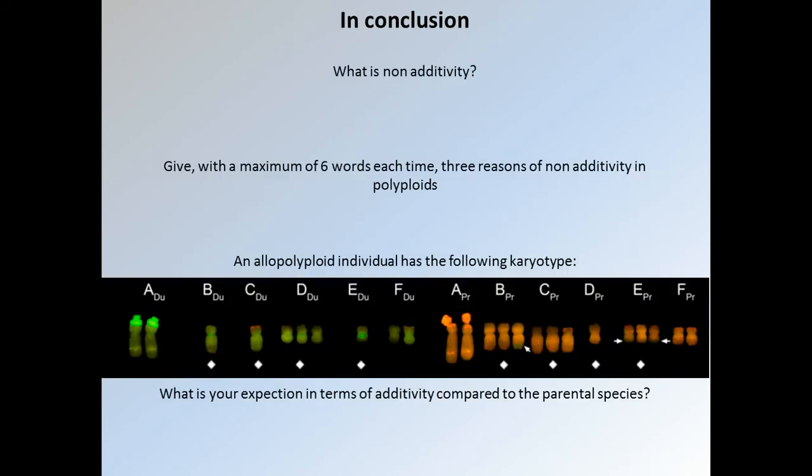Okay, so as a conclusion and as a little quiz, as usual, I ask you to tell me what non-additivity is. Then I want you to give me, with a maximum of 6 words for each, 3 reasons of non-additivity in polyploids. It can be what we discussed, or if you have other ideas, feel free to tell them.